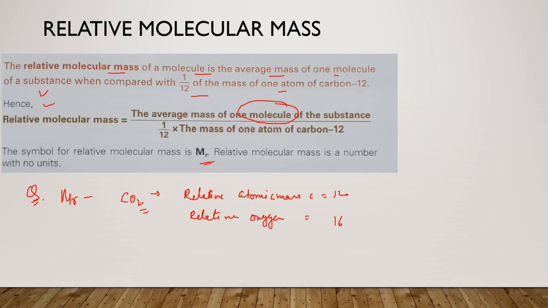Now when we add together two oxygens, the total mass of CO2 will be 12 plus 2 times 16, which is 44. We don't put a gram here because this is relative, so there is no unit. So the relative molecular mass of carbon dioxide is 44.